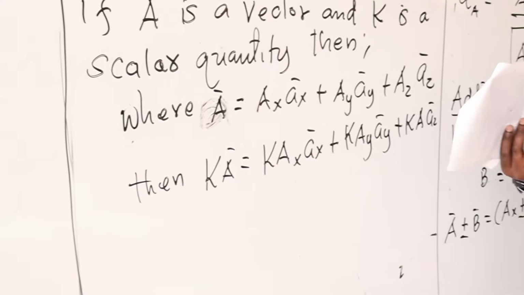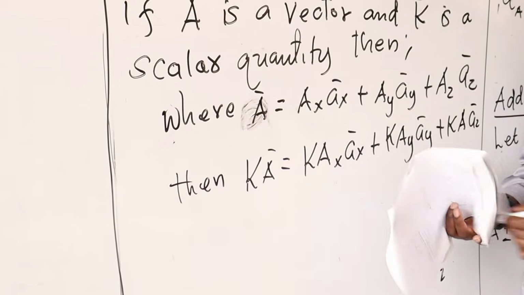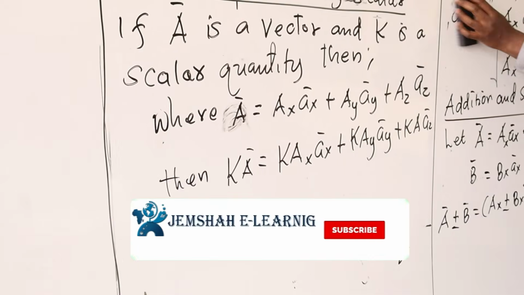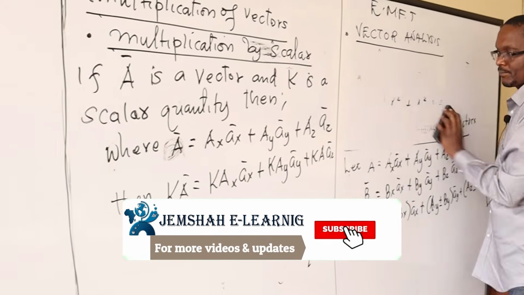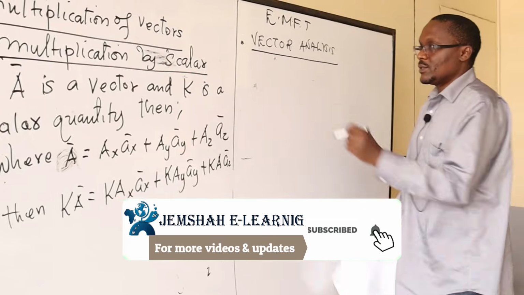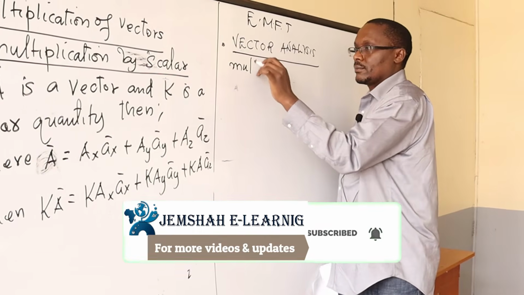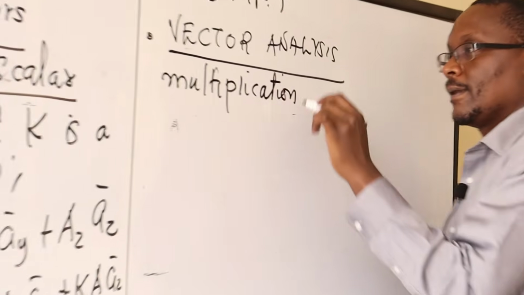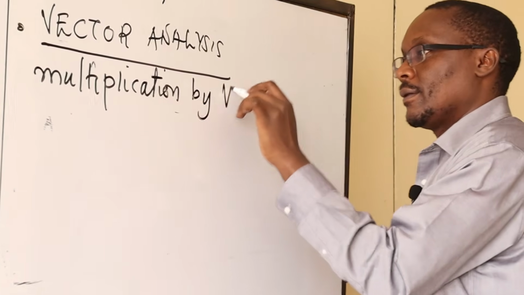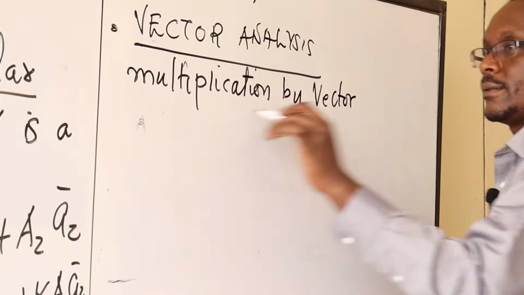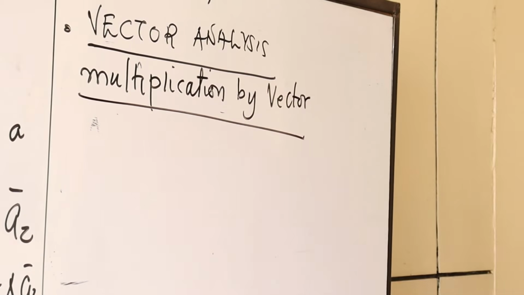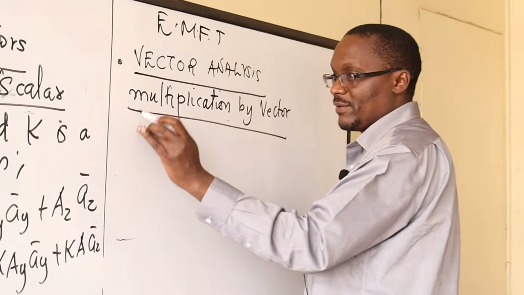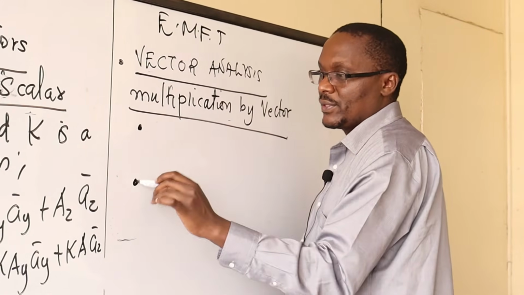Then multiplication by vector. If we are to multiply by vector, there are two different ways of doing so.